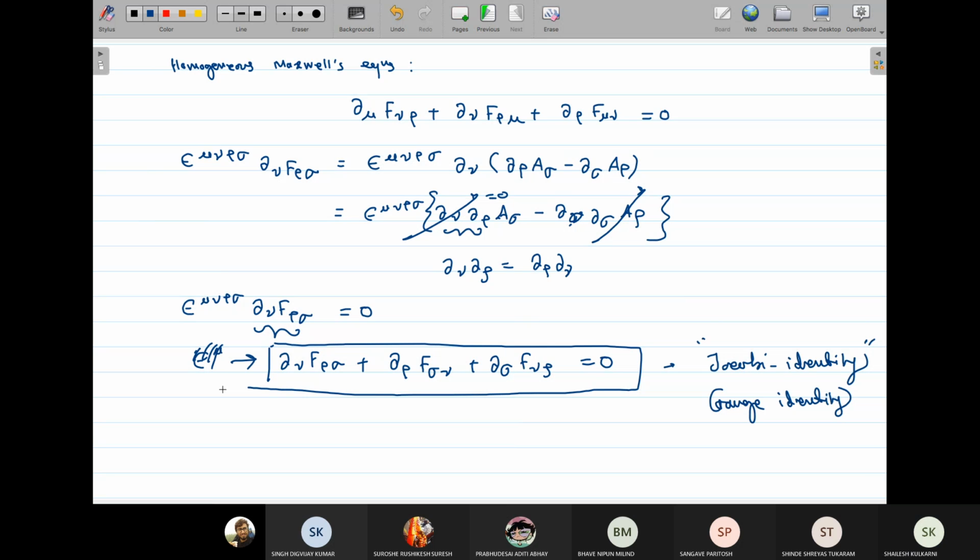Okay, fine. So now we have the field strength tensor defined. Tensor F mu nu equal to del mu A nu minus del nu A mu.